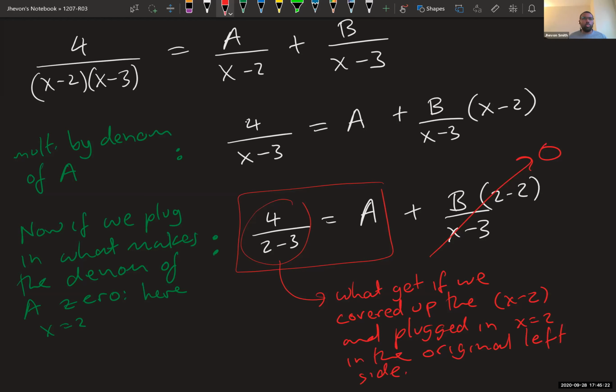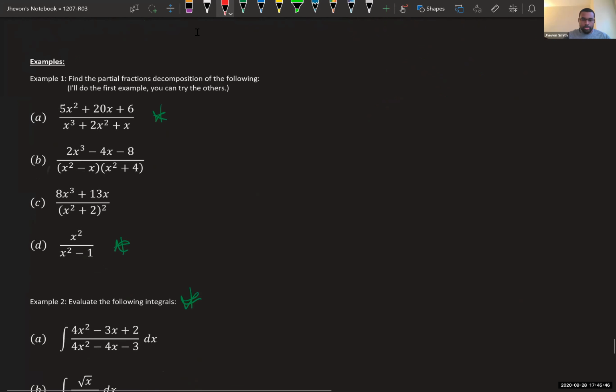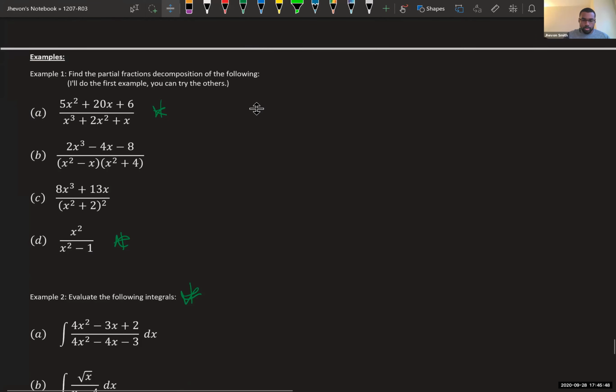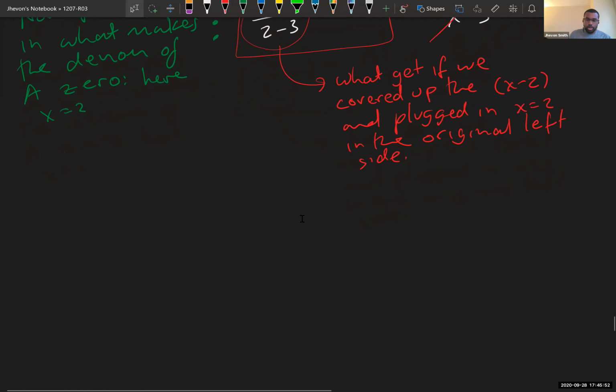So sometimes people ask, well, why would I plug in what would make the denominator of a equals 0? We don't want denominators. Well, technically, you're not making the denominator 0 because you're multiplying through by a specific factor in the denominator. And then when you plug in what makes that factor 0, it will wipe out everyone else, and it would just leave the variable that had that denominator. A similar trick would work for b.